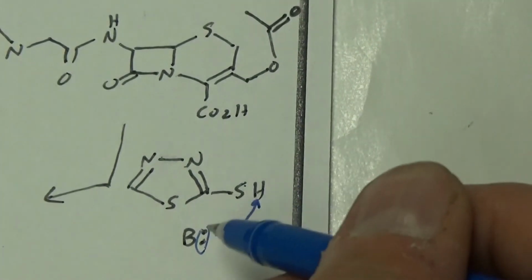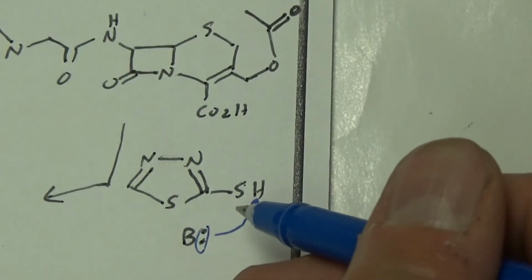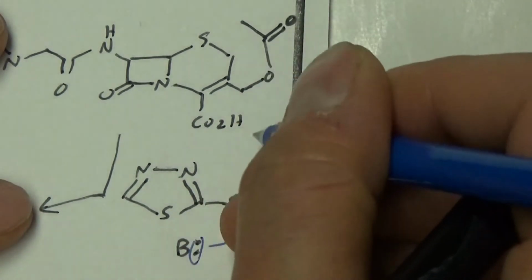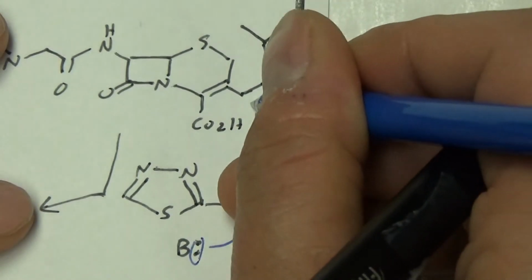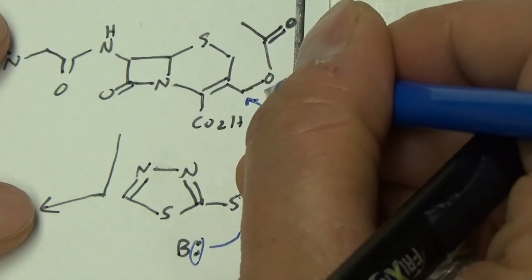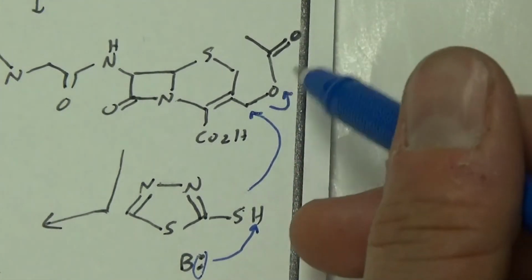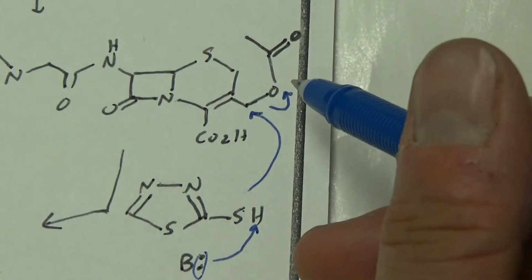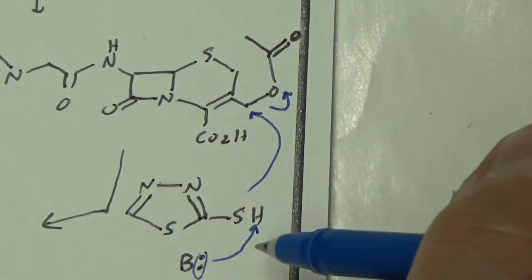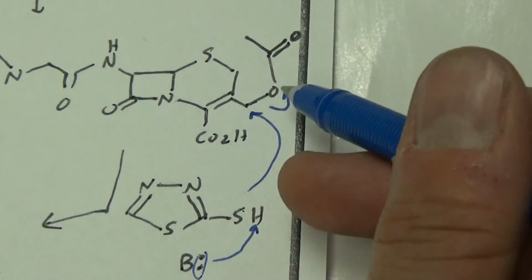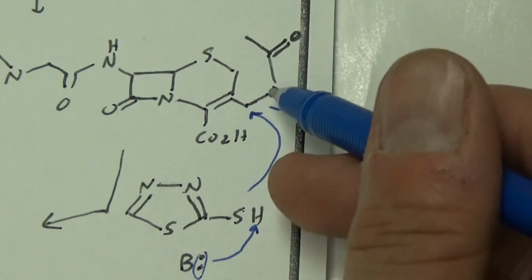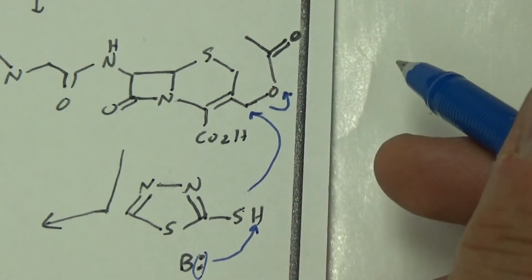Essentially, you make an S minus, and those are super good nucleophiles. As a second step, it attacks there. It kicks acetate off as a leaving group, which is weird because acetate's not the most common leaving group. With a good enough nucleophile, it's reasonable that it might leave, but we usually don't use acetate as a leaving group.